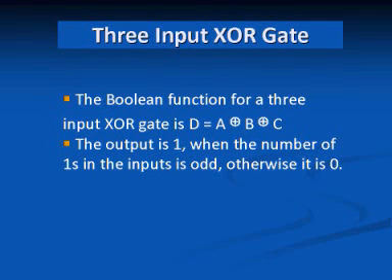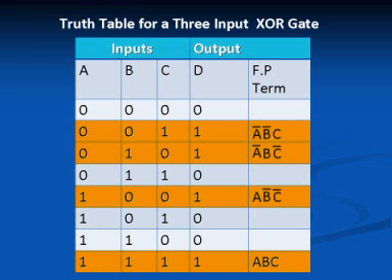Let us now look at the Boolean function for 3 inputs XOR gate as D equals (A XOR B) XOR C. Substituting various input values, we can write the truth table which is like this. For inputs A, B, C being 0, 0, 0, the output D is 0. For 0, 0, 1, D is 1.